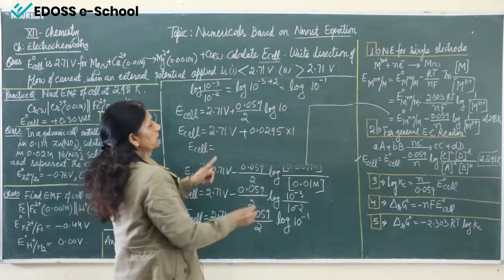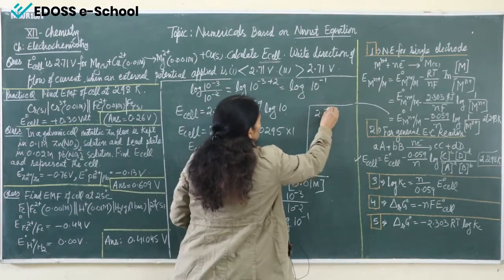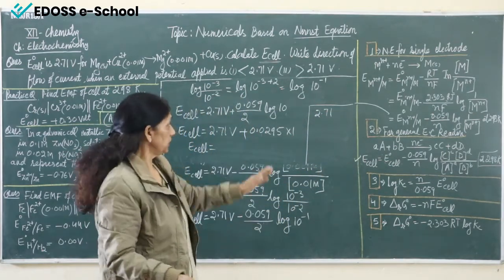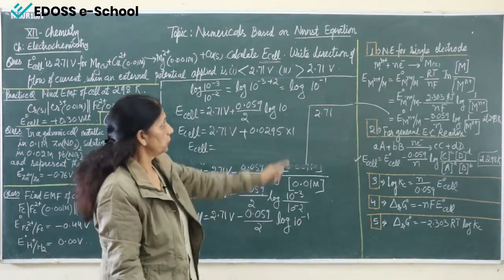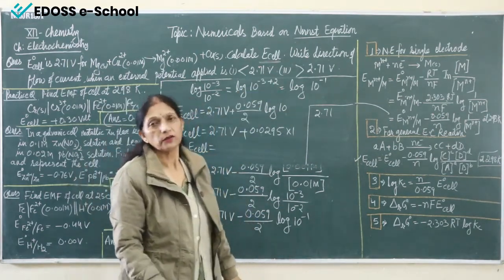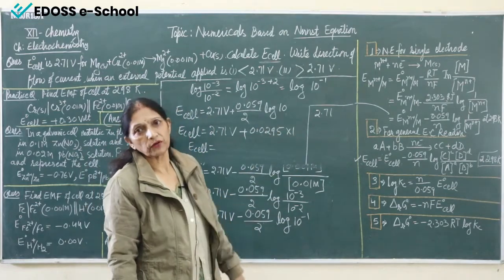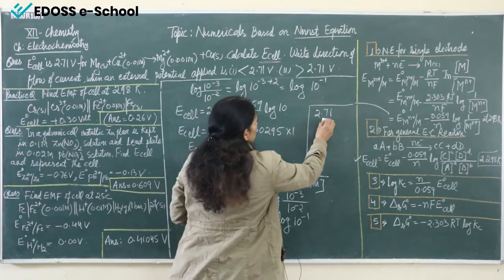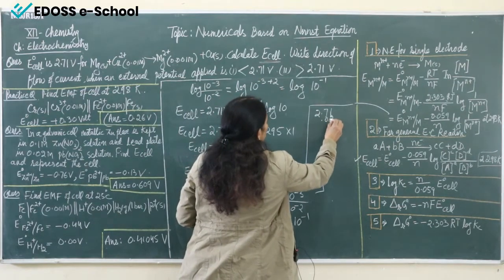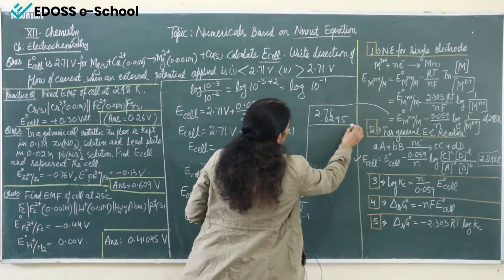So this is 2.71, so we will write 2.7. Whatever rough work you are doing, you have to show it. On the right hand side, you can put one line and do the rough work in front of it. So this is 2.71 and this is 0.0295. In this way we can add it.